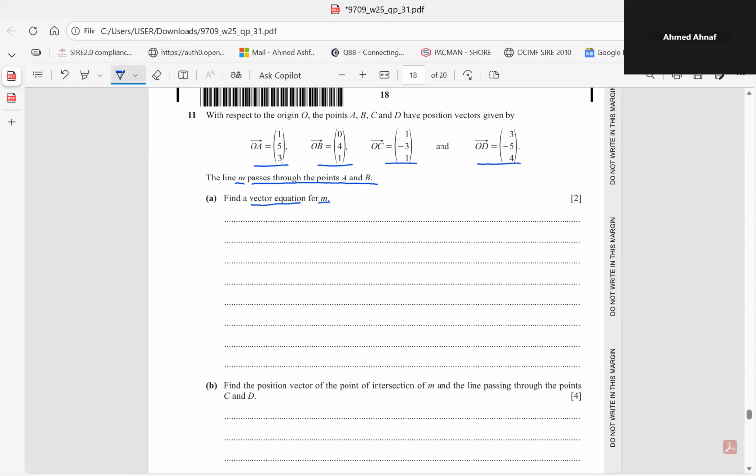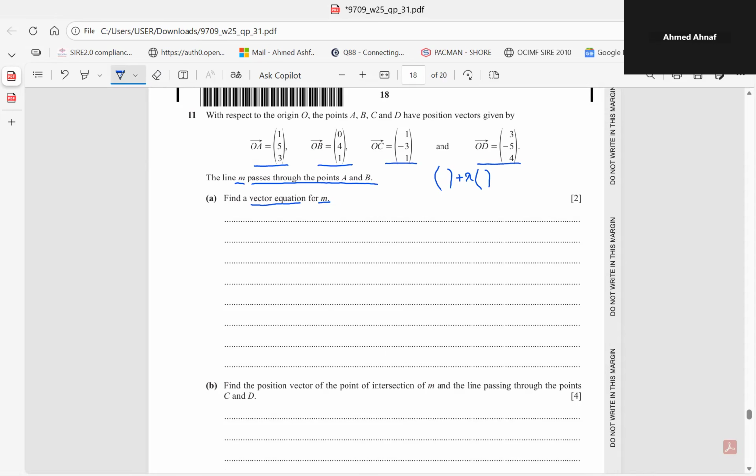Okay, so to find the vector equation for any line, the format is such that you put the position vector of a point along the line, and then you add it with a scalar times the direction vector of the line.